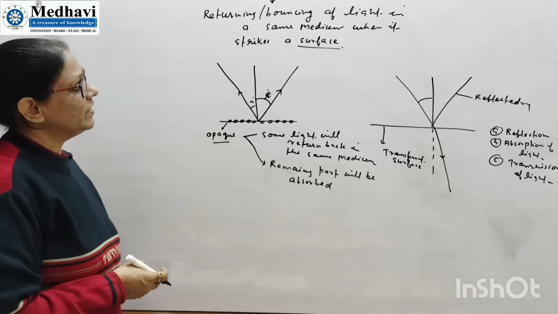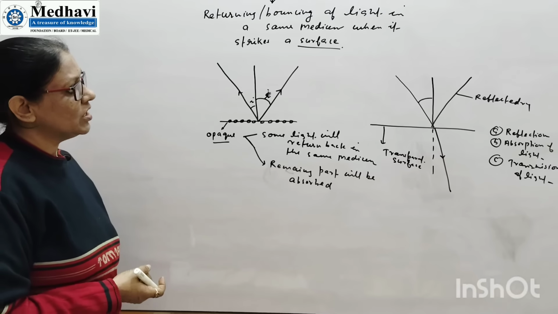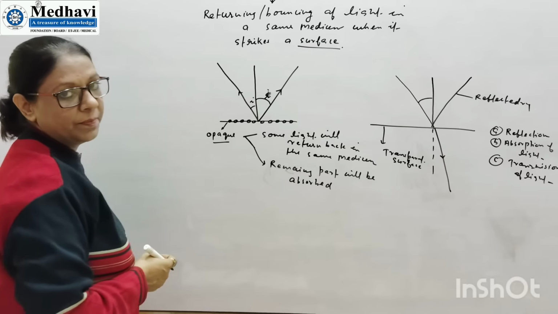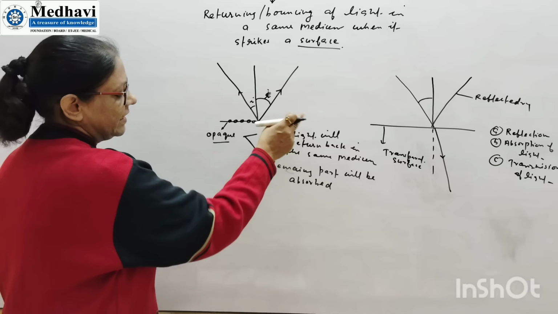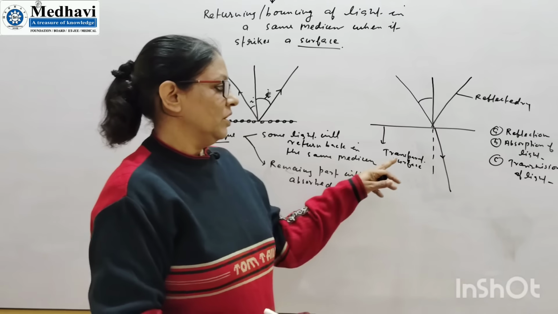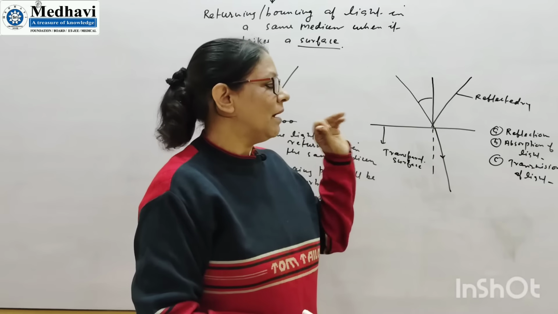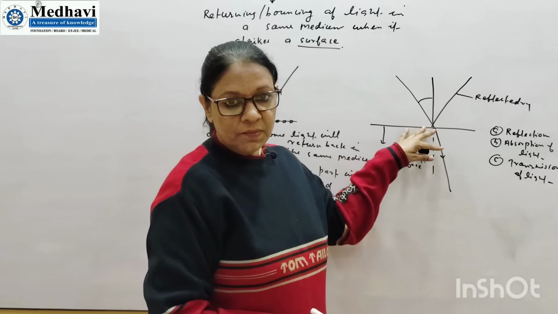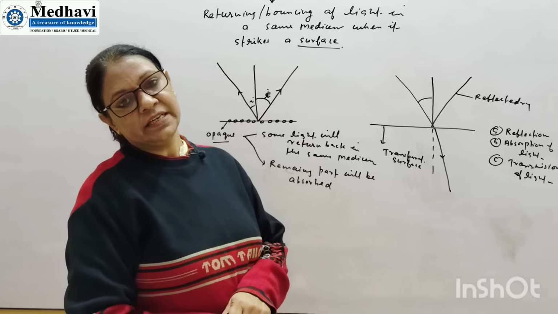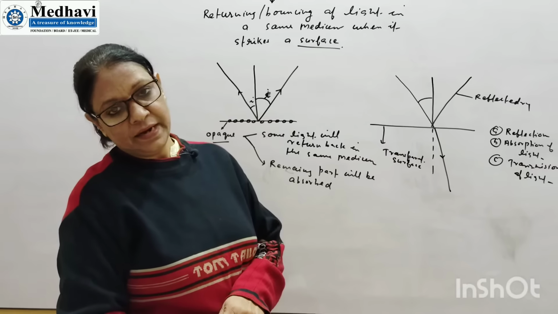So reflection is a process in which light will return in the same medium after striking a hard surface. But apart from reflection, partly light will be absorbed and partly light will be transmitted in the other medium.